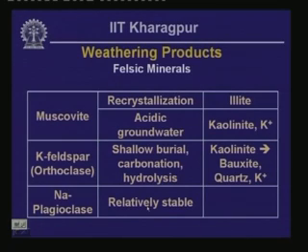We look at the weathering products of different felsic minerals, which are among the main rock forming minerals. You may recall that we considered 9 rock forming minerals that compose most of the igneous rocks, and we consider the felsic minerals of those 9, and this table shows the weathering process that weathers 3 of these minerals.